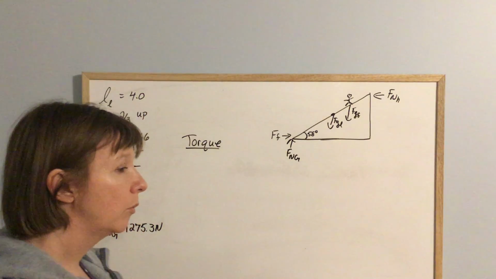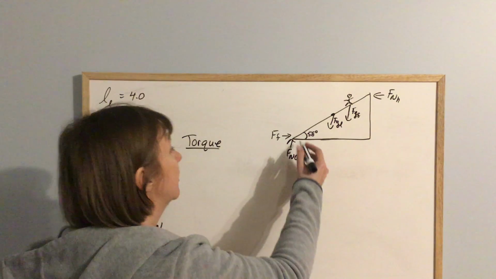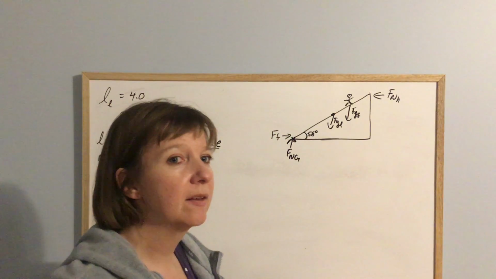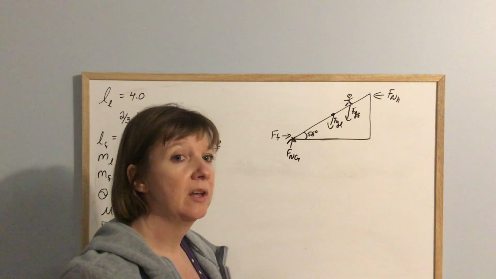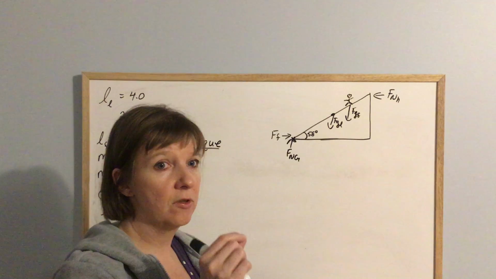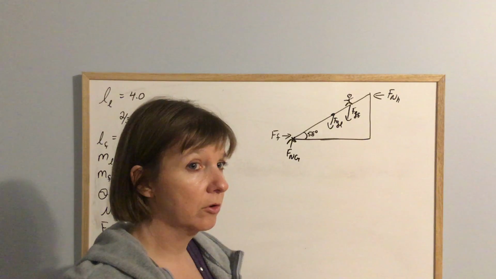Everywhere. So what I want you to visualize is if this ladder was stuck to the ground at that point, that would be like the hinge on a door. That would be the pivot point. If you have a seesaw, that would be your pivot point. That is where this thing is going to move, either clockwise or counterclockwise.